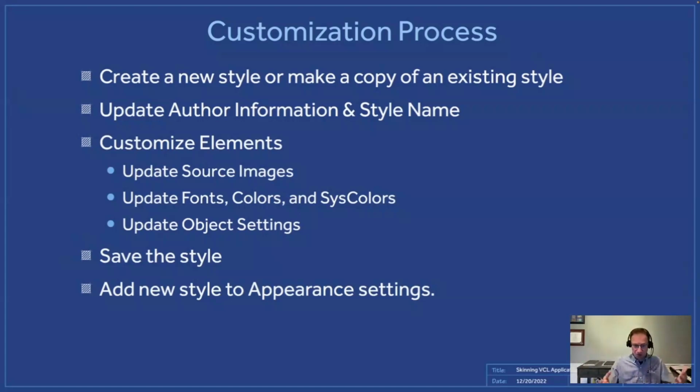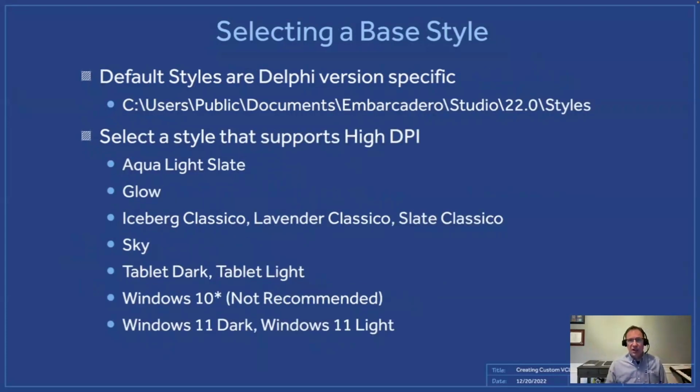So pretty straightforward. So how do we pick a base style? Well, typically you would select from the set of styles that's in your version of the Delphi IDE. They are version specific. They're not really, but there's newer stuff.